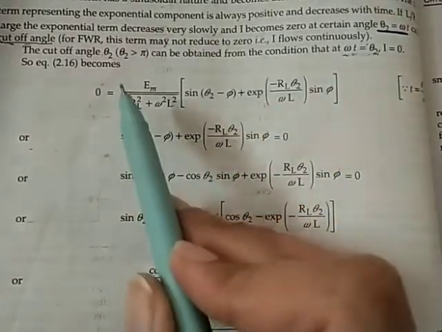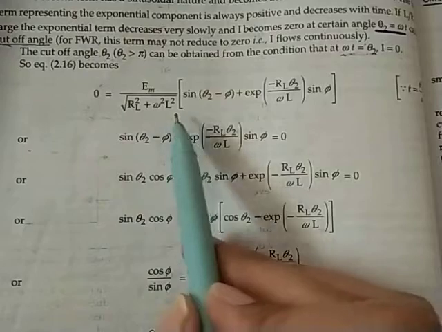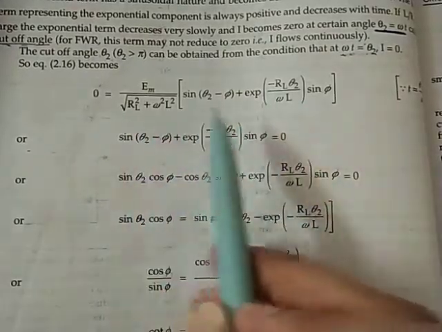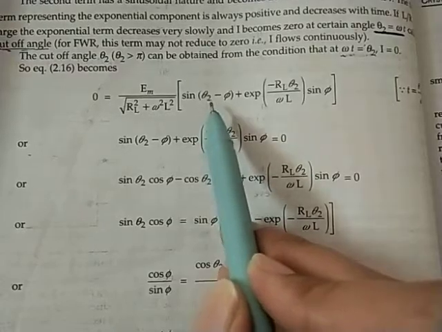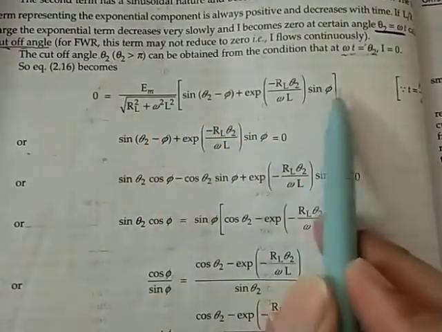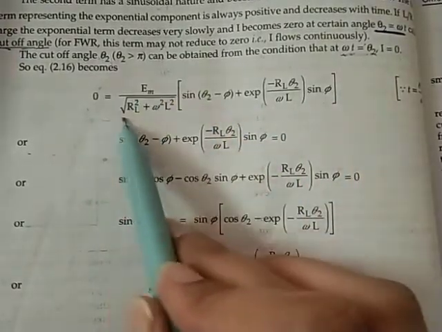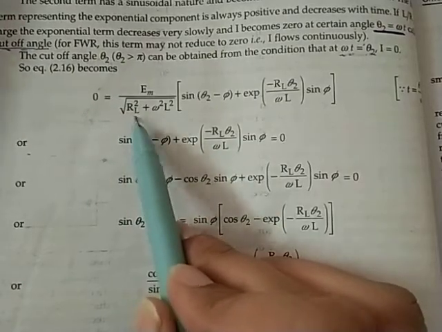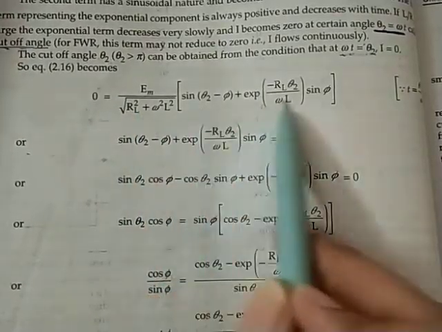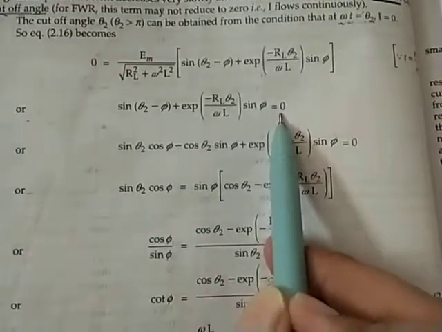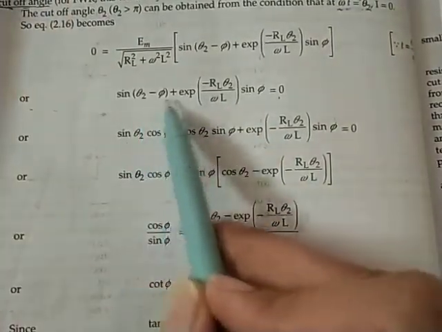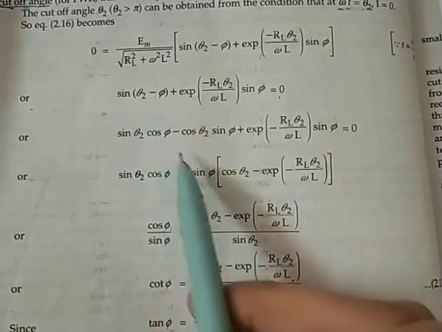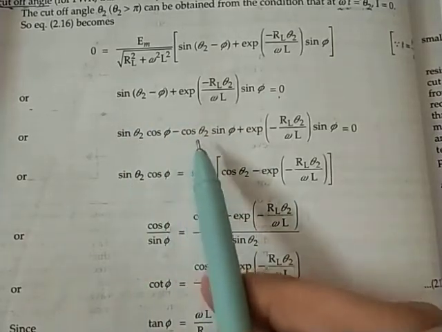We have put I as 0, and wherever we had omega t, we fill in theta 2. Because this term is always positive, this other term must be equal to 0. Here the expansion is written: sine of A minus B is expanded to sine A cos B minus cos A sine B.